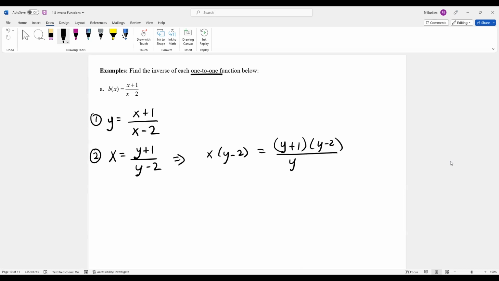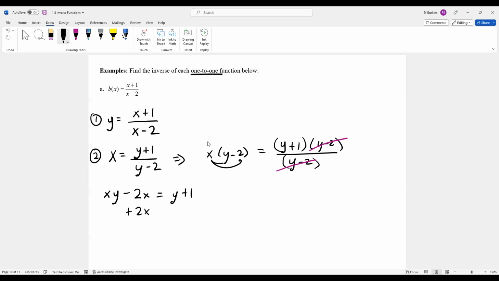So when I do that, on the right-hand side, this cancels. And then on the left, I have xy minus 2x, by distributing the x in here. Now what I'd like to do is get all the y terms on one side of the equation and all of the x's and constant terms on the other.